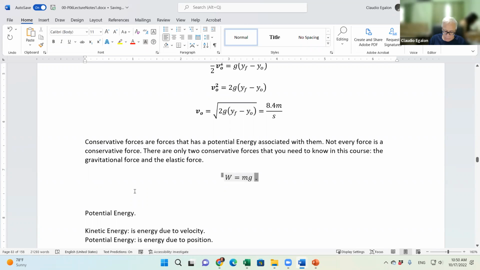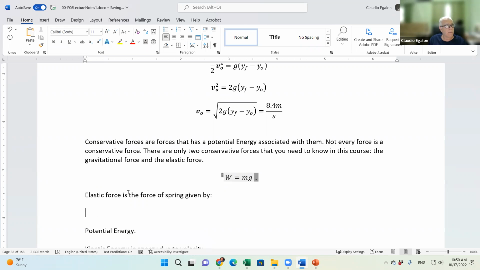Okay, elastic force is the force of a spring, given by minus kx. Okay, we have seen that before, remember?